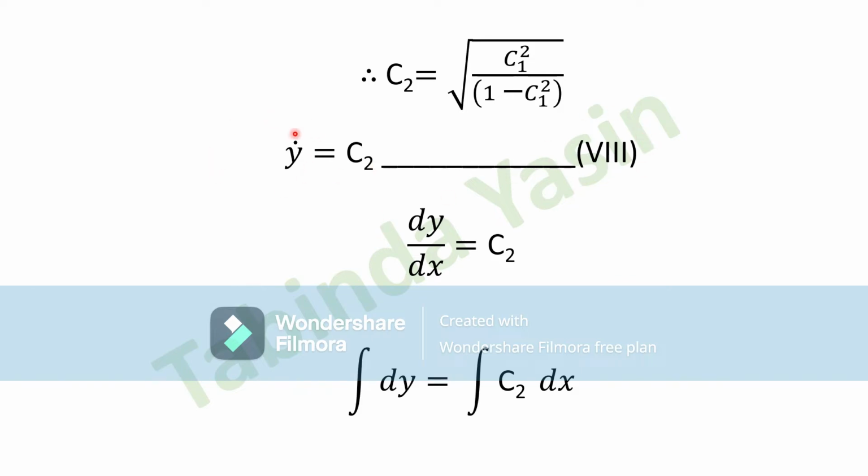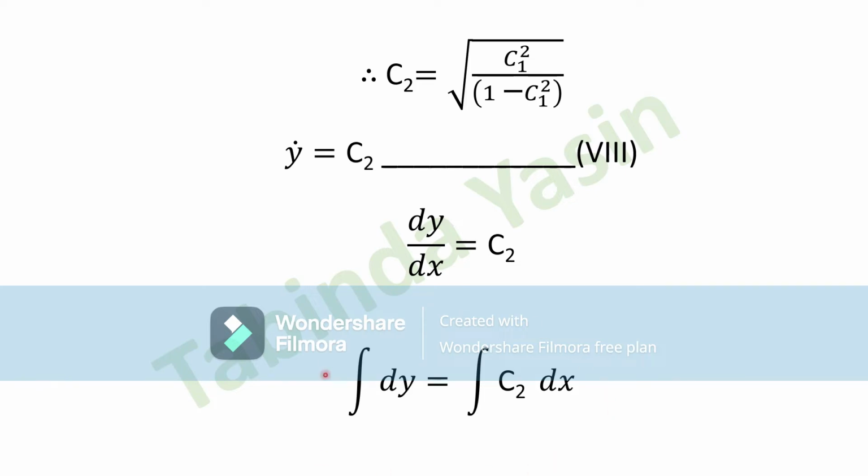As we know that y dot is a single differential with respect to the x variable, so we have dy over dx, that is the Euler equation. dy over dx is equal to C2. Taking the dx from the denominator to the right hand side and integrating, we get integral dy is equal to integral C2 dx.